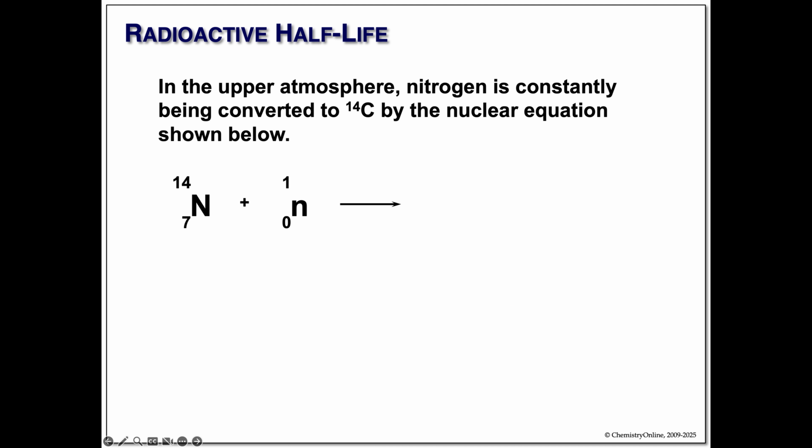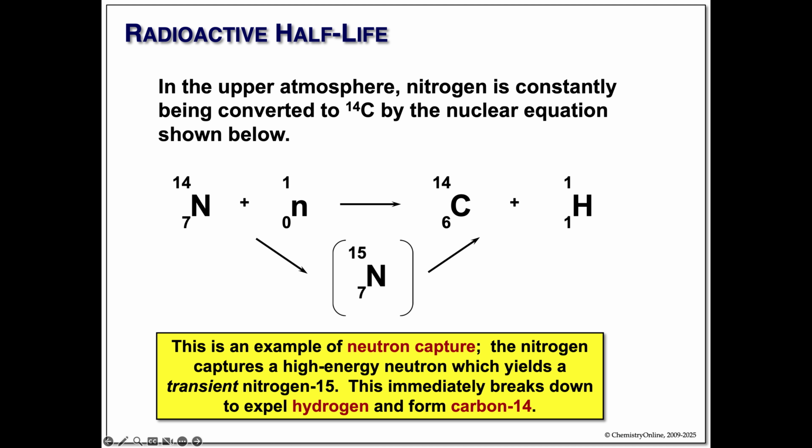So nitrogen-14 can pick up one of these neutrons from the sun to form nitrogen-15. Now, nitrogen-15 is an unstable nucleus, and it's going to break apart. It breaks apart very quickly, spits out a proton, and makes carbon-14.